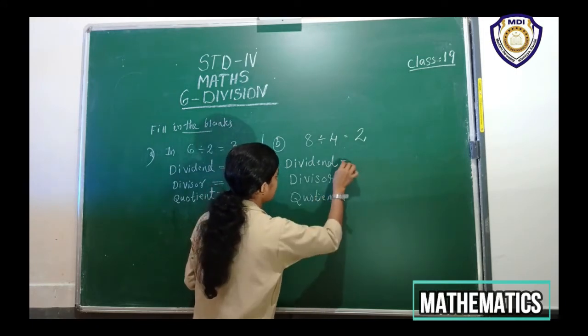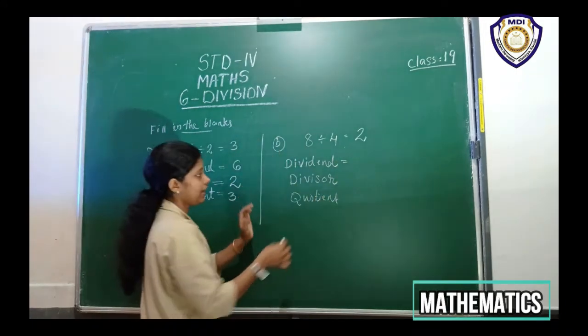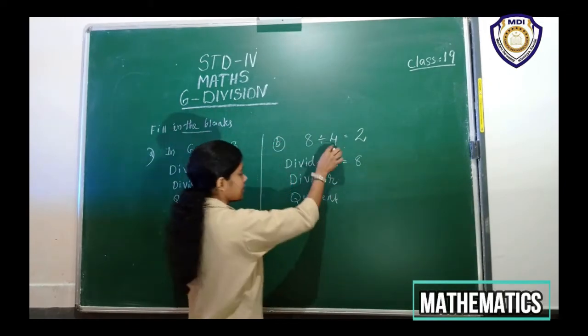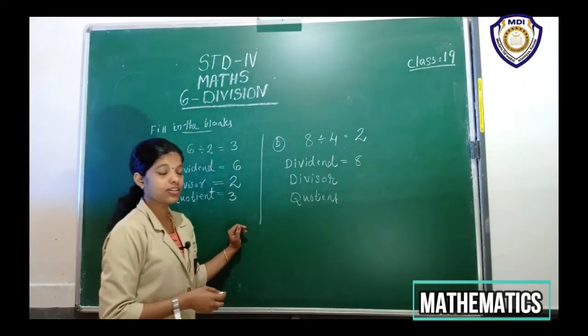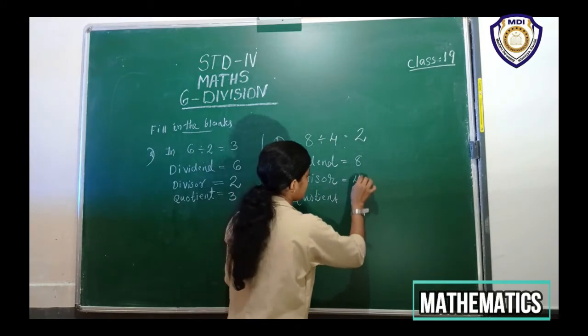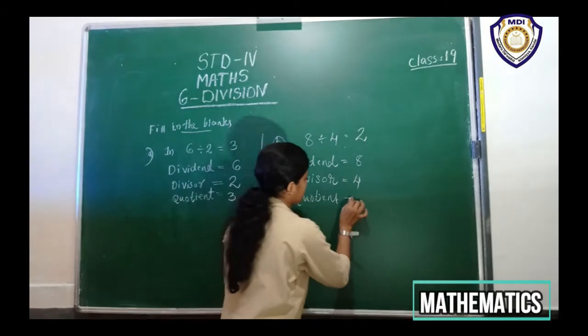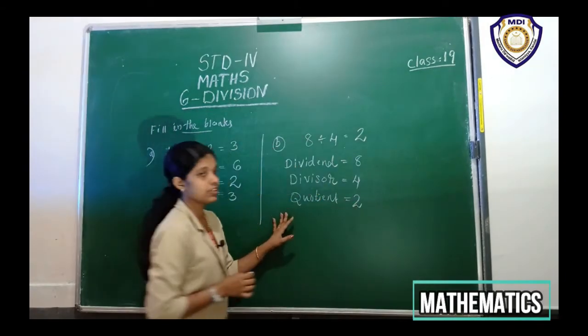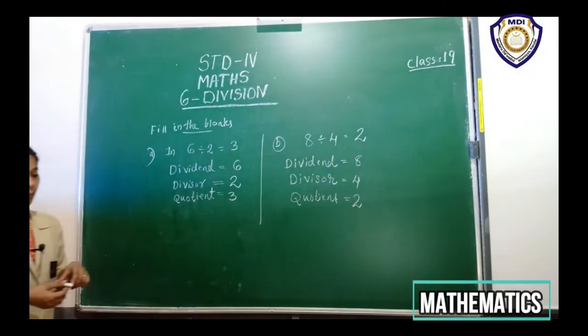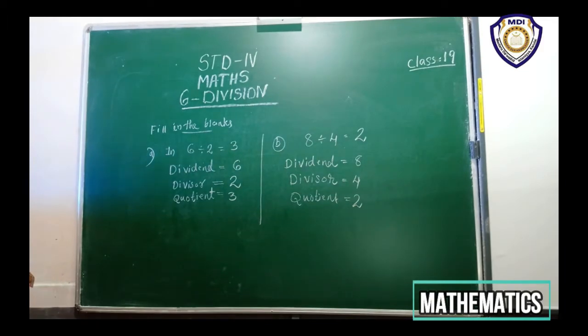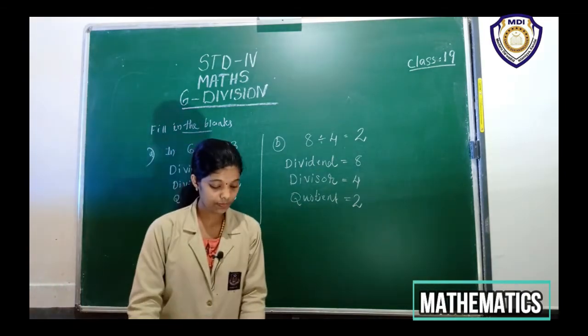Dividend is 8. Then divisor is 4. We get the answer, 2. 2 is the quotient. Okay, write it. Did you finish? Okay.